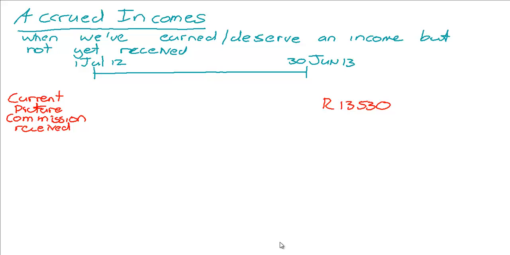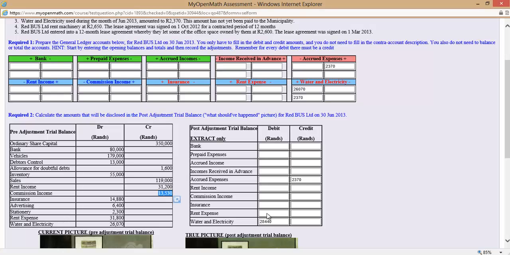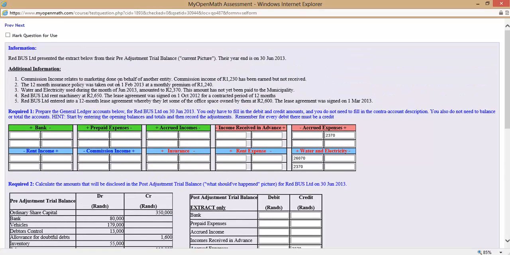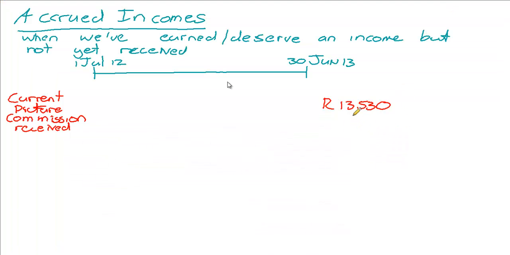That's the current picture. Now we don't know how many months that was for, but what we do know is it does not include this last month's commission income, because we actually don't know which month it relates to, but we know that there is 1,230 Rand missing in this current picture, because we've earned 1,230 Rand, but we've not yet received it, as our question stipulated.